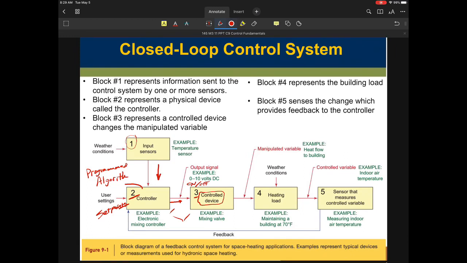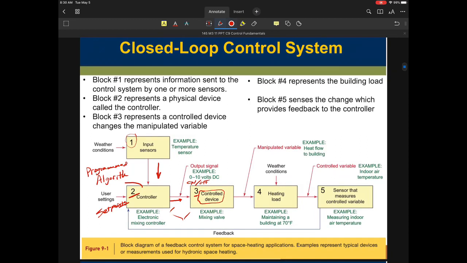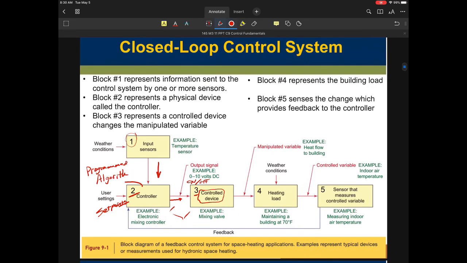Now, what I'm expecting at that point is that the output of that controller has to provide some sort of a change in the manipulated variable. In other words, the water temp has to see a change. The air conditioning, the humidity level, whatever it is that you are trying to control, you're expecting that to be manipulated to provide more heat, or less heat, something like that.